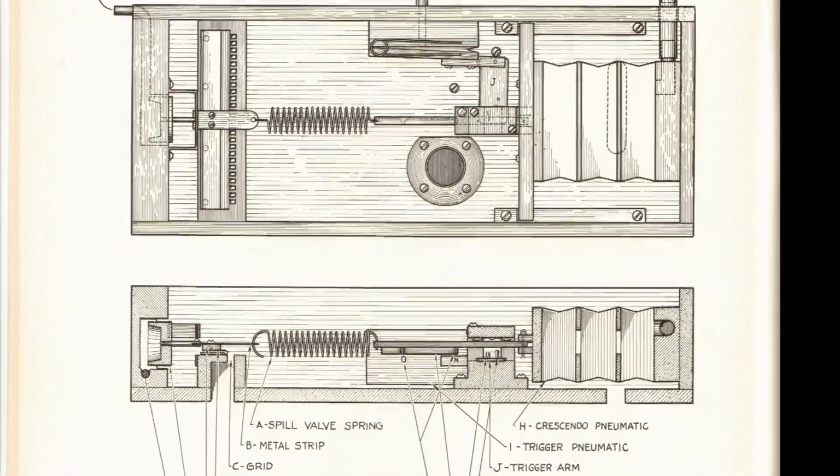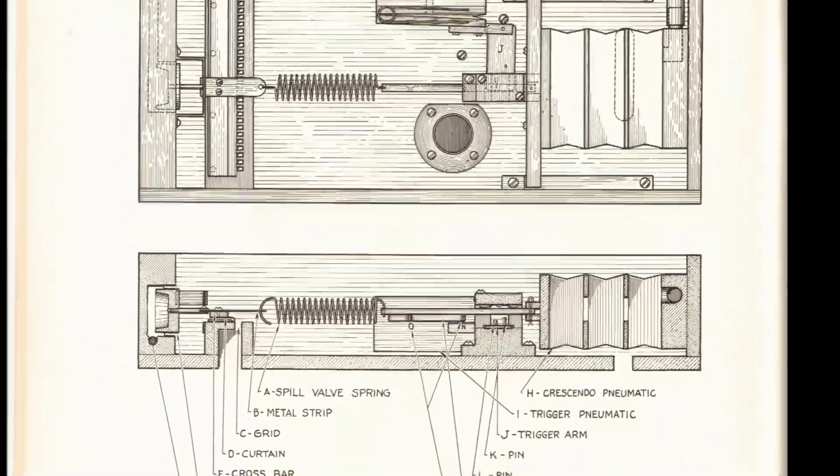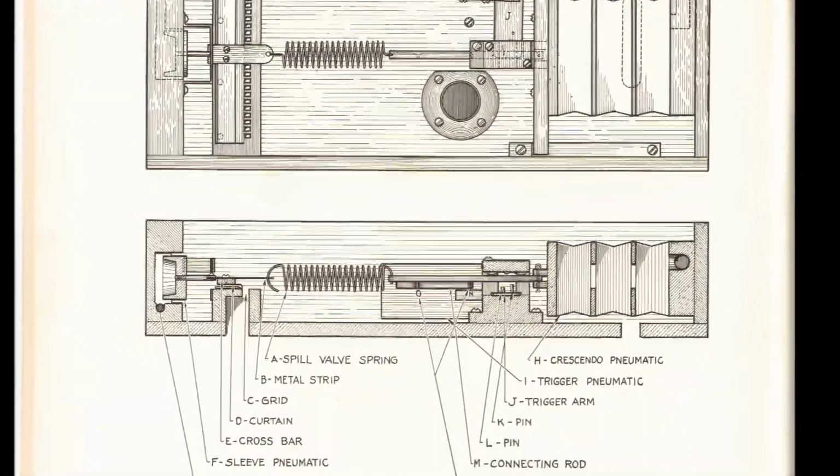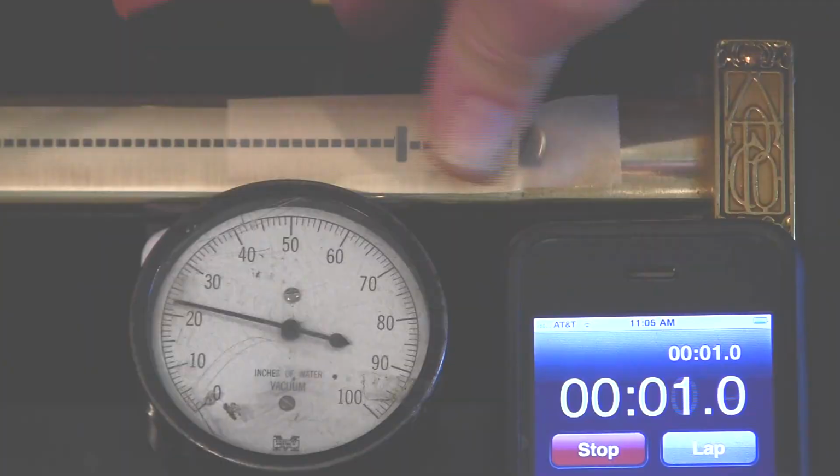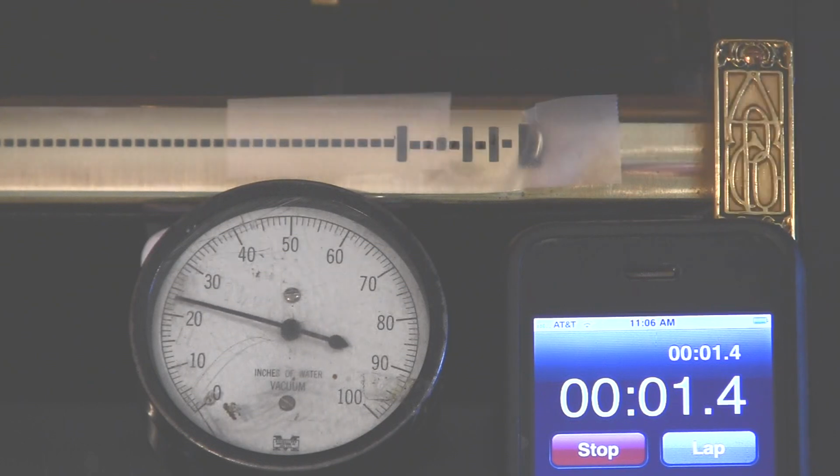Let's look at the crescendo in operation. The 1929 service manual explains the function of the crescendo very clearly. Here is a short demonstration. The 1T hole, when open, will cause the crescendo to collapse at a slow rate.